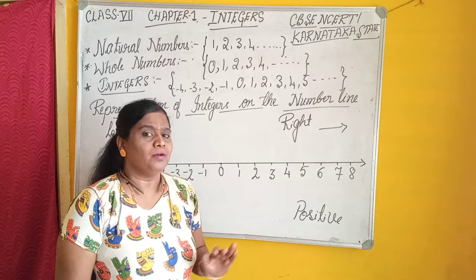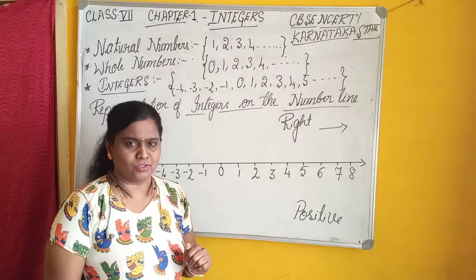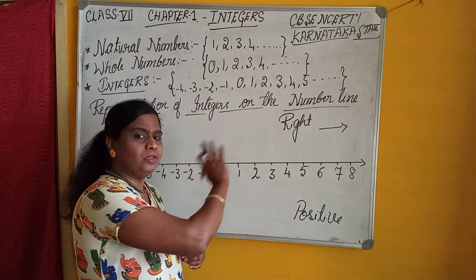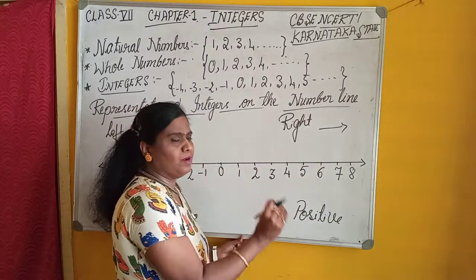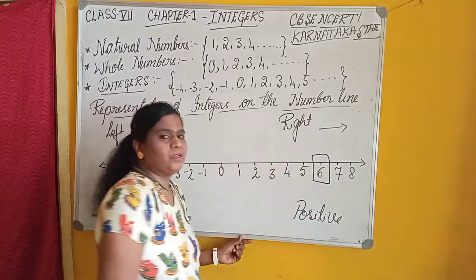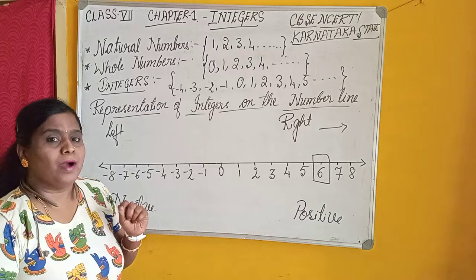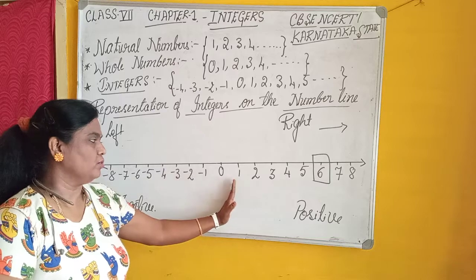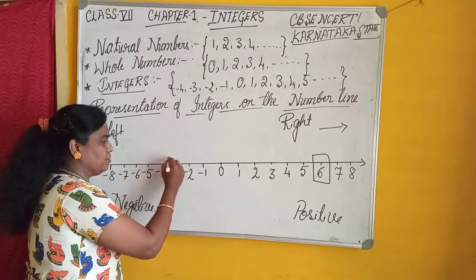If we have to mark the number plus 6 on the number line, how can we do it? To find the positive numbers, we have to look at the right side of the 0. The 6 is there. In the same way, if you want to mark minus 3 on the number line, we have to look at the left side of the 0, that is minus 3.